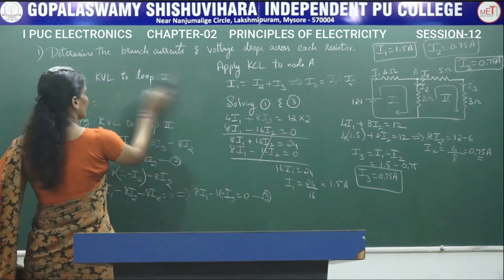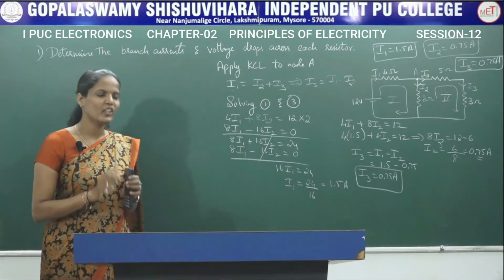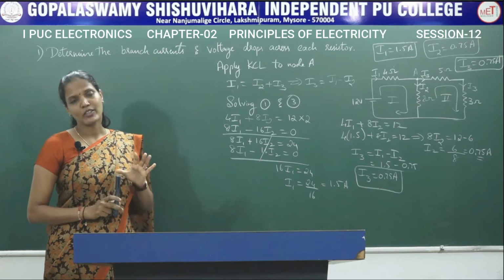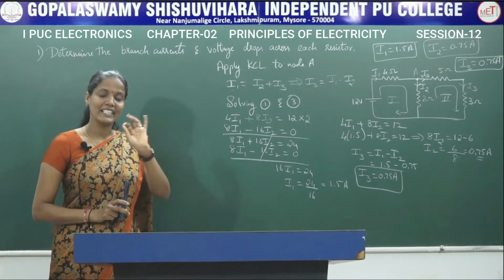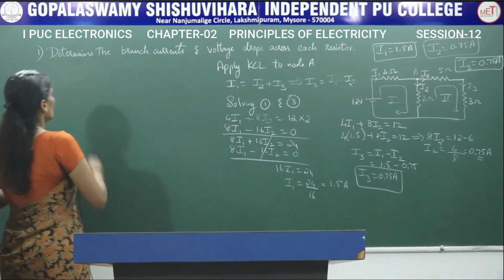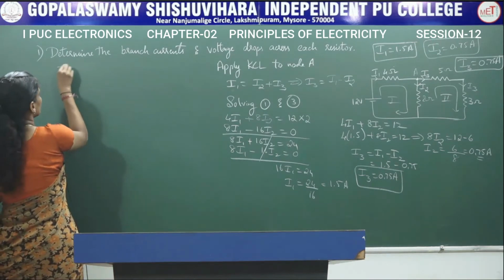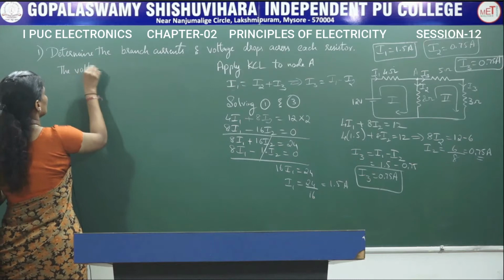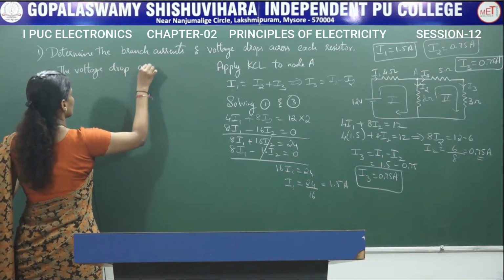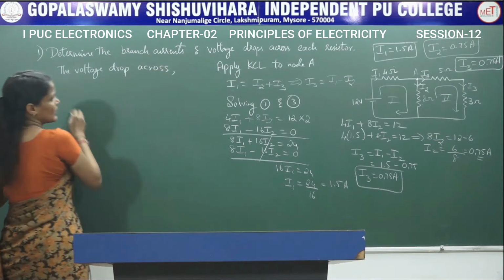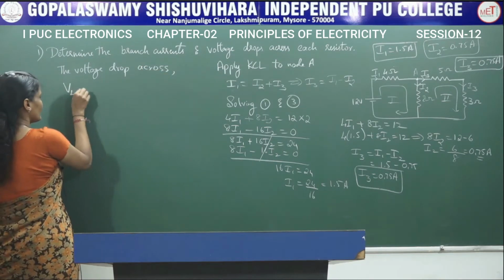Let me erase this part. In order to find the voltage across any resistor, you have to multiply the current flowing through that resistor and its resistance value. So, the voltage drop across, let us denote that as 4 ohms.